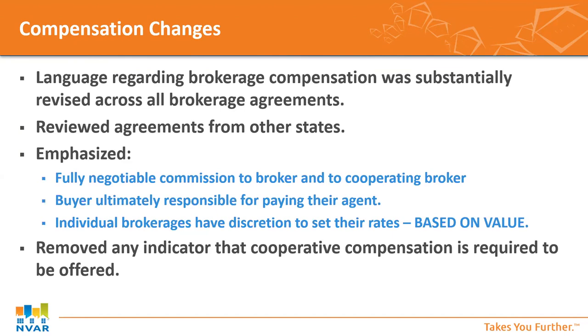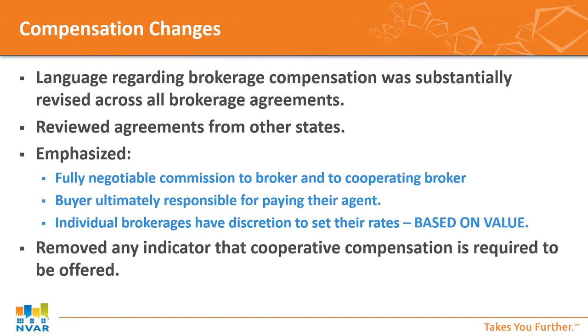So what we really wanted to emphasize were just the basic points that you should have all learned in training. Essentially that commission is fully negotiable to the broker and to the cooperating broker, which is usually the buyer broker or the tenant broker. And that the buyer or tenant is ultimately responsible for paying their own agent. It always said before, for example in the buyer broker agreement, buyer to pay broker fee, and then it would outline what the broker fee is.